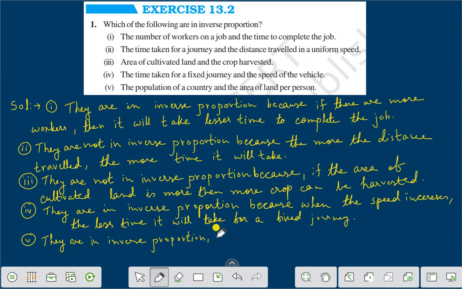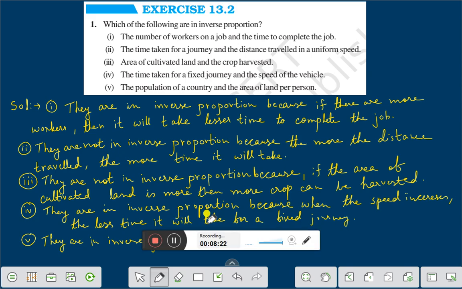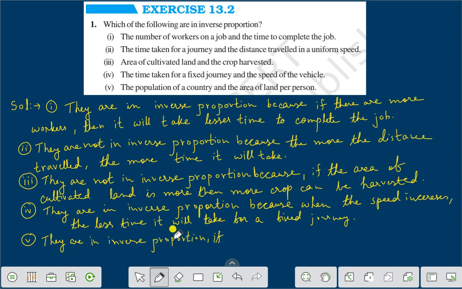Question number 5 is the population of a country and the area of land per person.